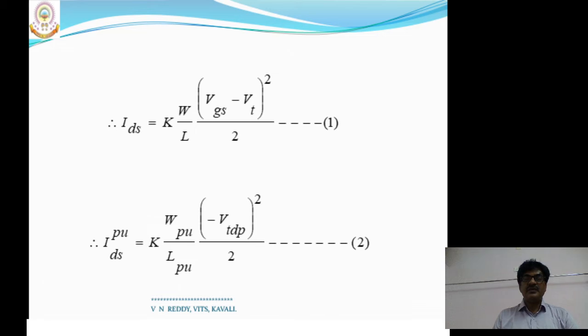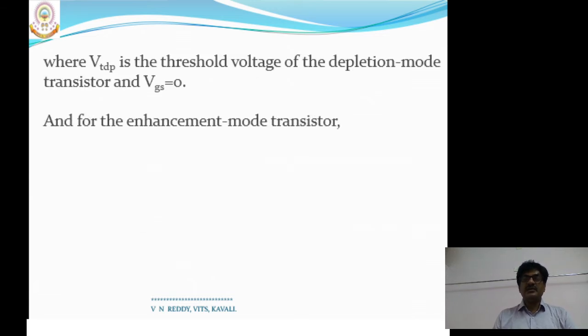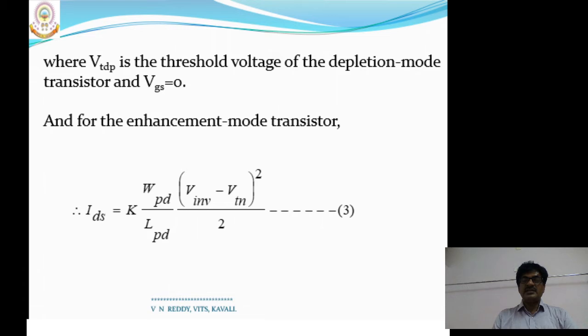Similarly, for the pull down transistor, it is an enhancement transistor, and we are treating the instant where the inverter threshold voltage appears, that is VGS equal to VINV.